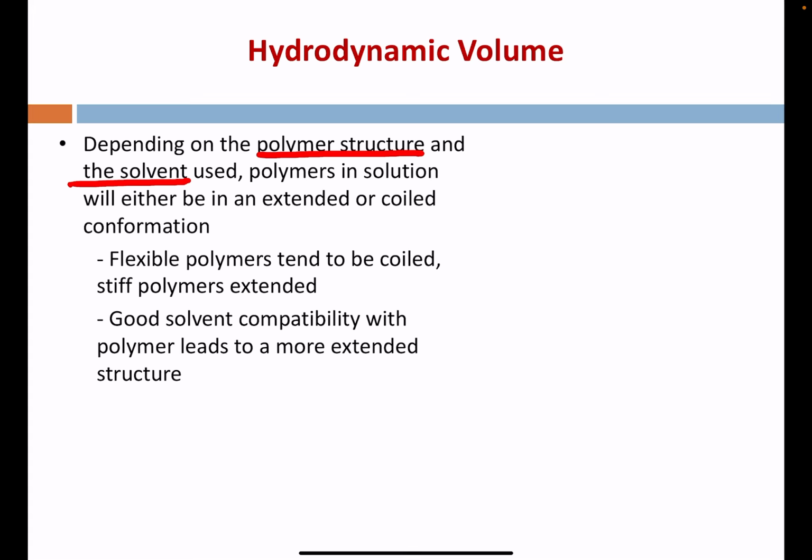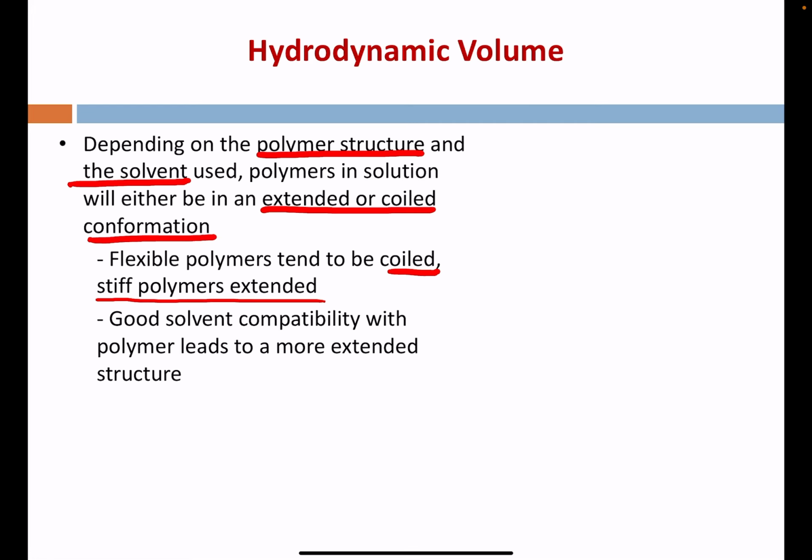So polymers, as a consequence, in solution will either be in an extended or coiled conformation depending on their compatibility with the solvent selected here, and their overall main chain structure and side chain implications. So flexible polymers tend to be very coiled, whereas stiff polymers with stiffening groups, more multiple bonding and or stronger intermolecular forces will be more extended.